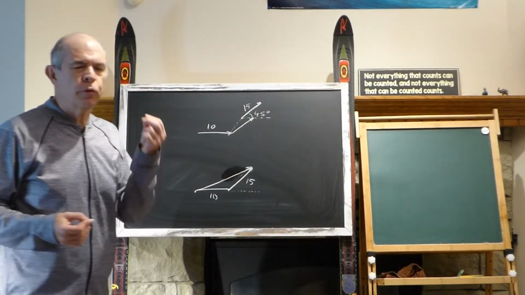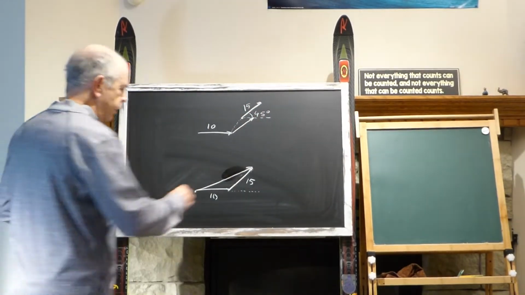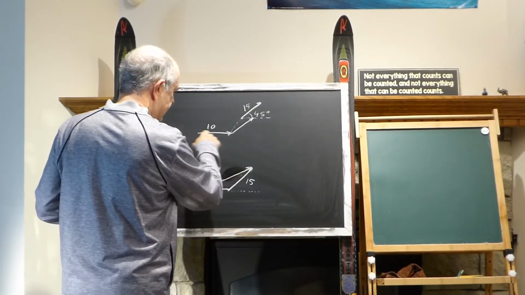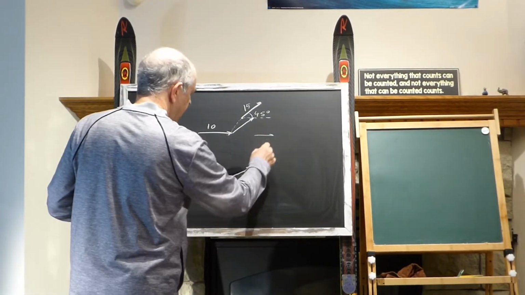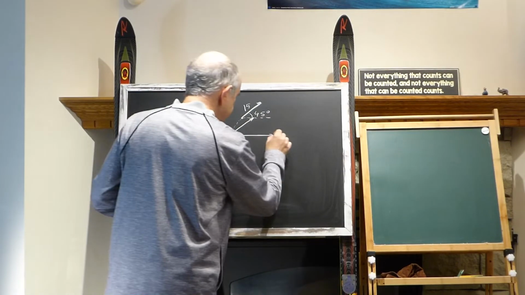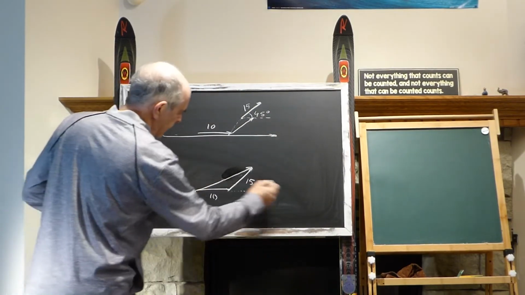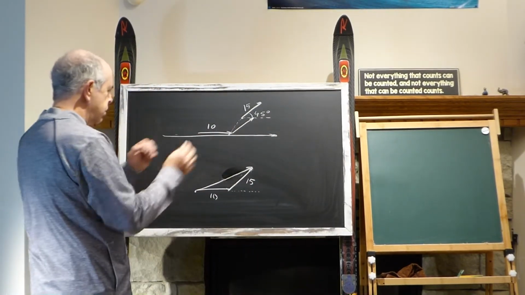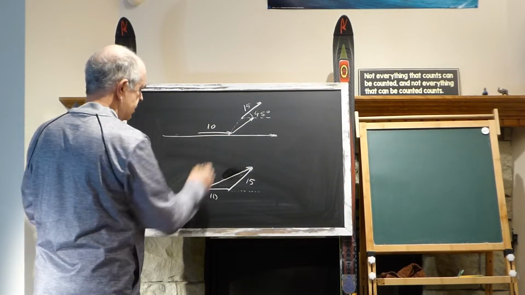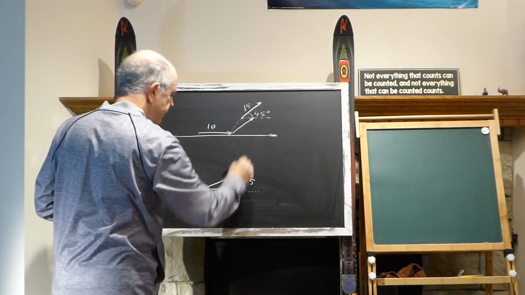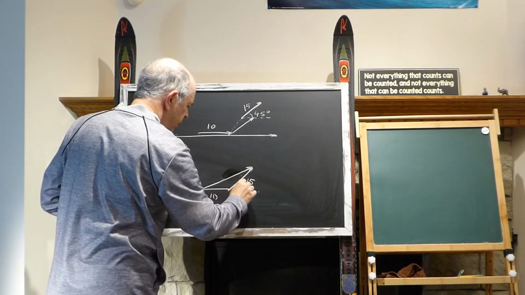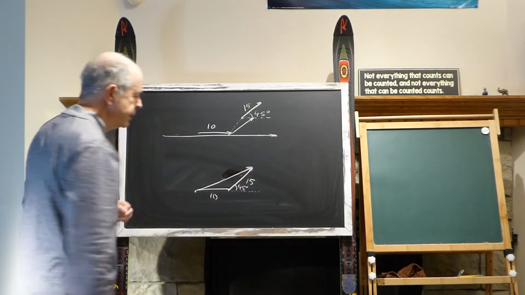And what does it mean to find the vector? Remember I said this is 10 and it is horizontal, right? Along this axis. So this axis is horizontal, I know the direction and I know the length. This vector is 15 and it's under 45 degrees. Fantastic.